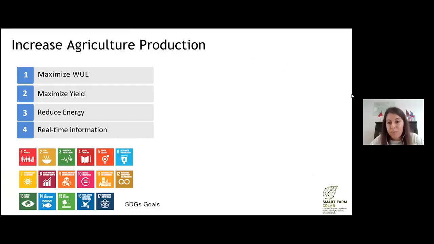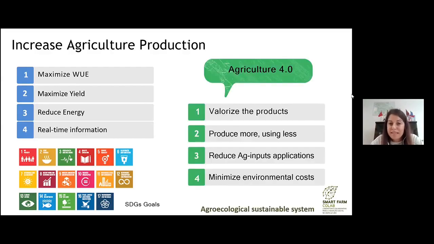Now we have more demanding consumers, and so we need to maximize the yield while reducing the energy, using real-time information from the field to take action at the current moment, and for sure doing this across the sustainable development goals.